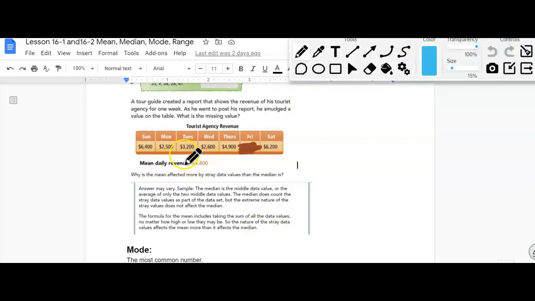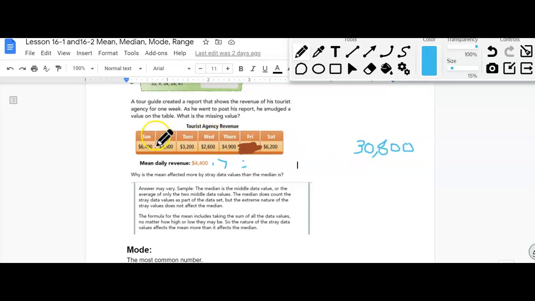We have the mean daily revenue is $4,400. There's 7 days in a week, so what we need to do is take 4,400 and multiply it by 7. That is going to give us 30,800.